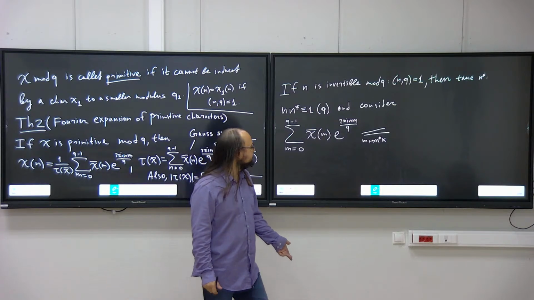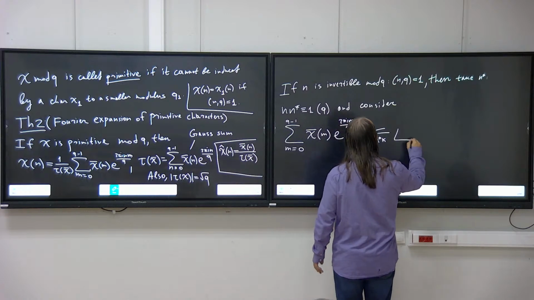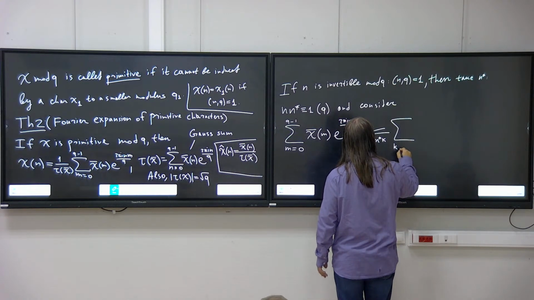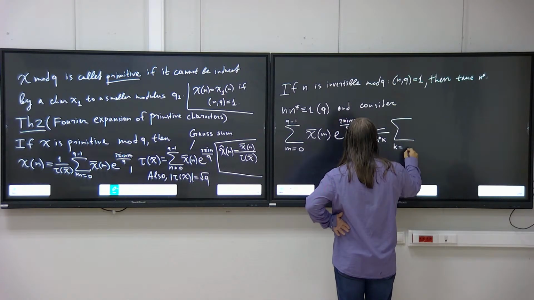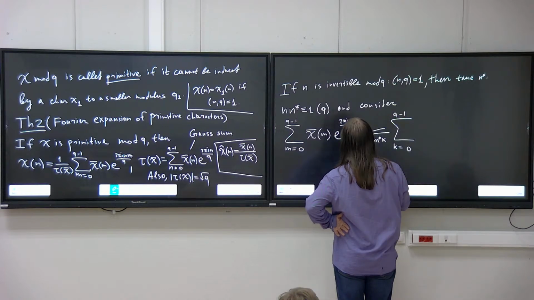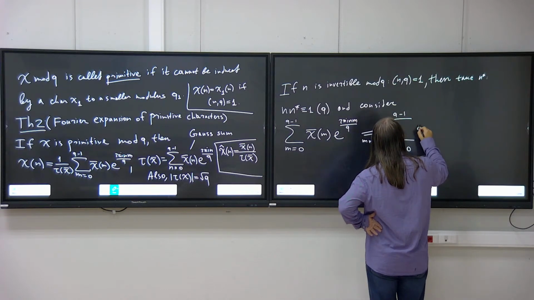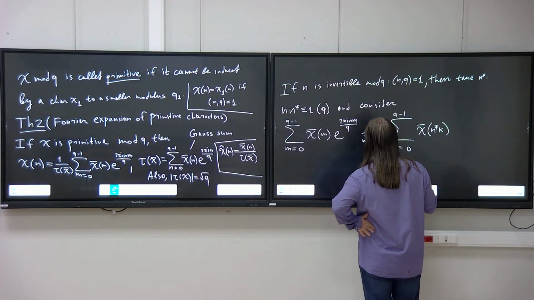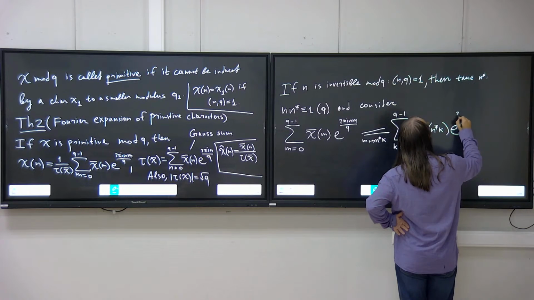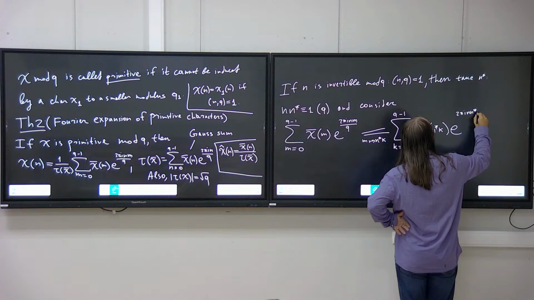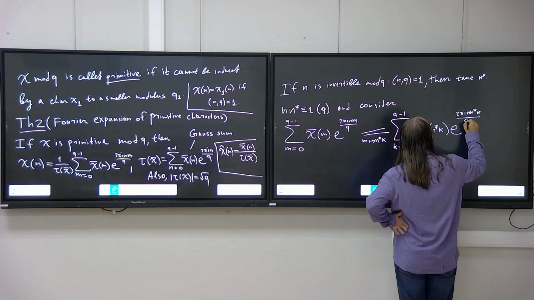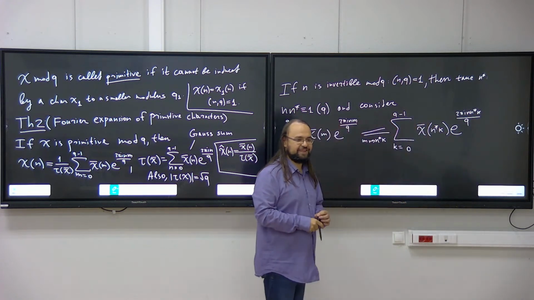Due to invertibility. So you get sum over all k from 0 to q minus 1, chi bar of n star k, and also you get e to the power 2 pi i k divided by q, right?